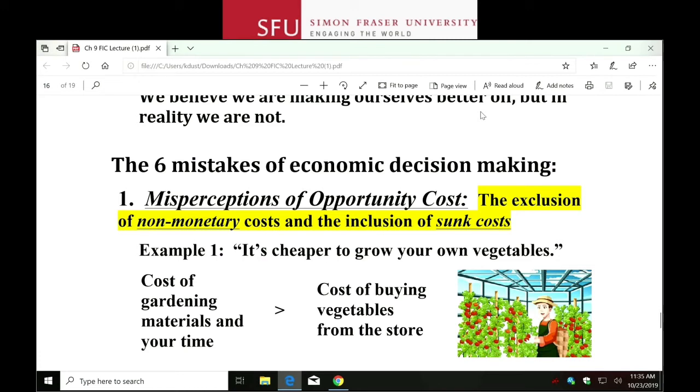Okay, so one example about implicit costs is somebody will say it's cheaper to grow your own vegetables. In monetary costs, yeah, there's very little explicit cost to grow your own vegetables, but there's a lot of implicit costs because it takes a lot of work and a lot of effort. Or another example like this one: before I had my first kid, I read that if you got washable diapers, it would be way cheaper in the long run than buying the disposable diapers.